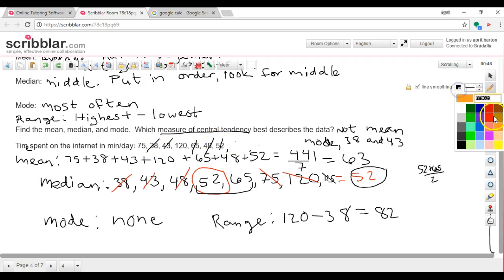But you have to divide it by how many there are. We just counted and said there are 7 numbers total. So we added it together and divided by how many numbers there were. That is how you always find the mean: add it together, count up how many there are, and divide by that number. Does that help clarify?